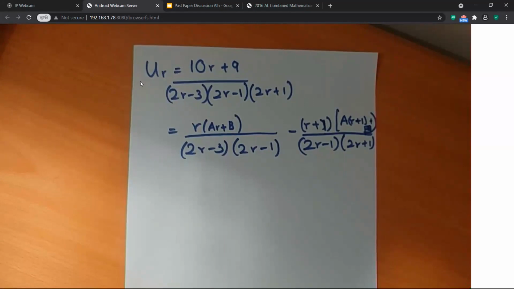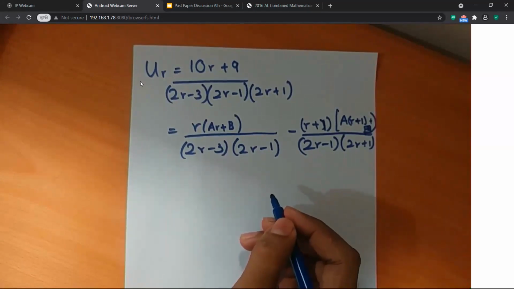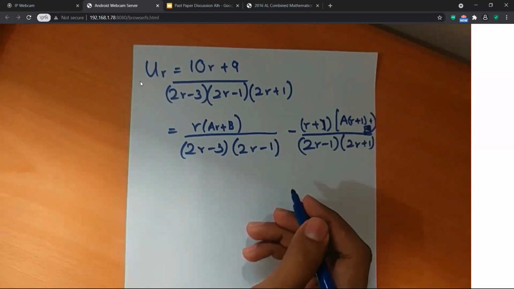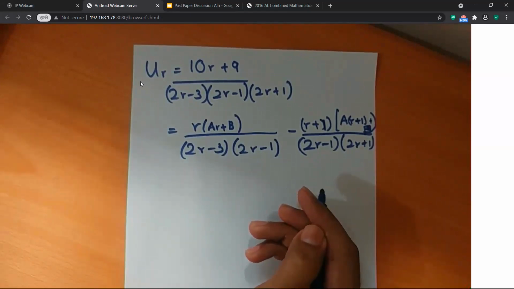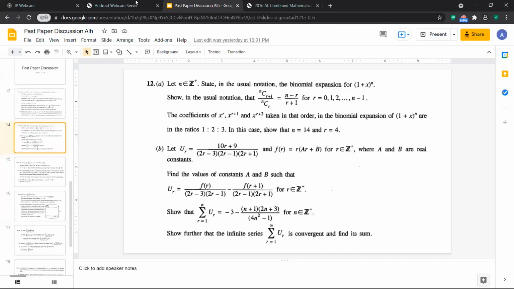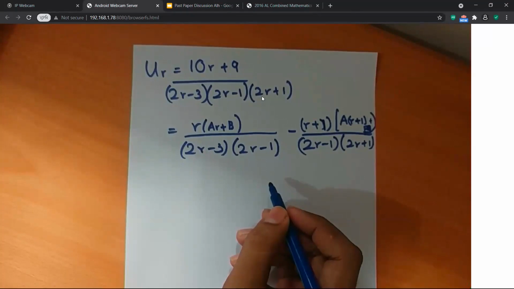Right. So you need to simplify this and get the values of A and B. We need to get the values of A and B. Now we need to simplify this. So how do you simplify? We already know what Ur is, right? I wrote 10r plus 9. So the easiest way to simplify is you multiply the whole thing by the common denominator.